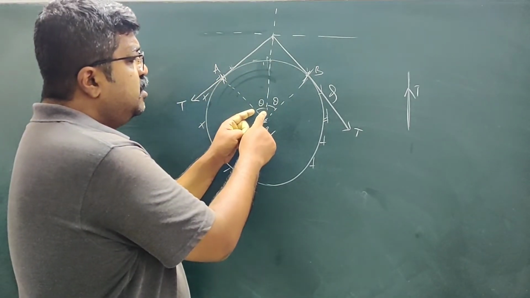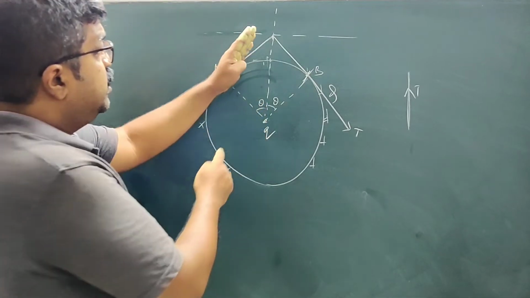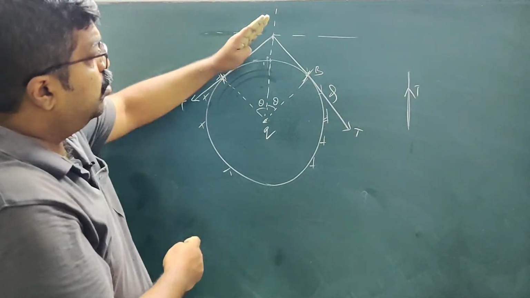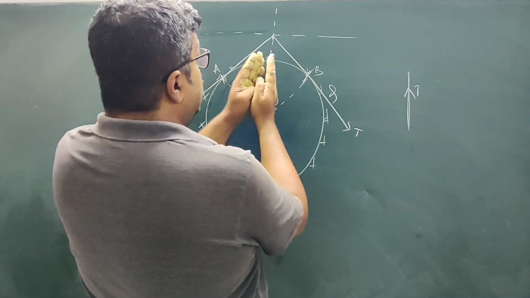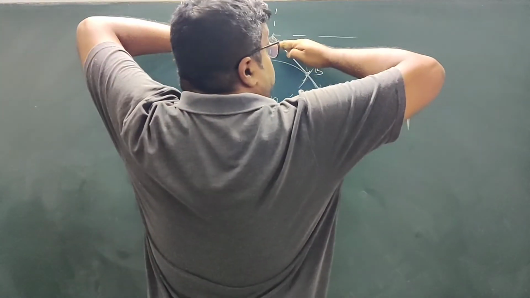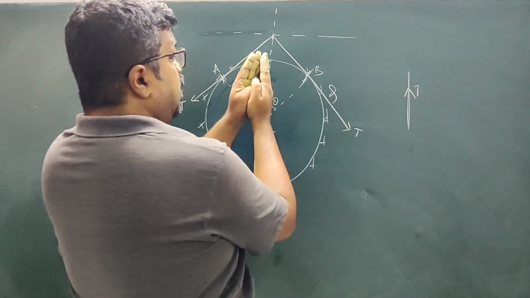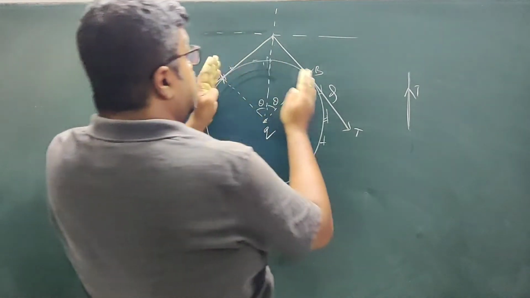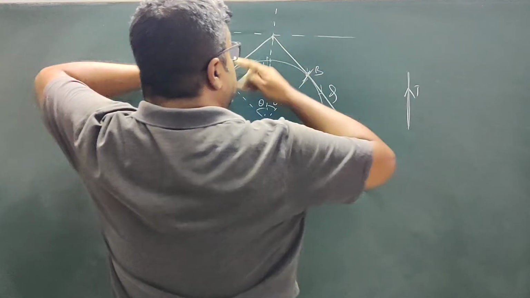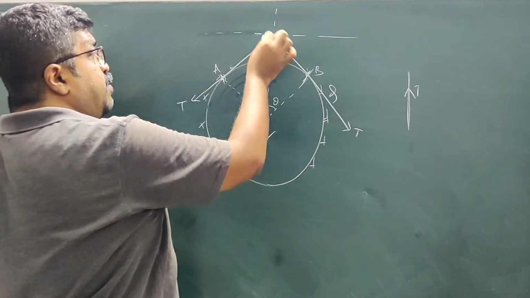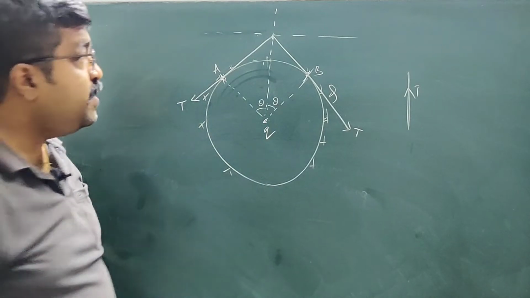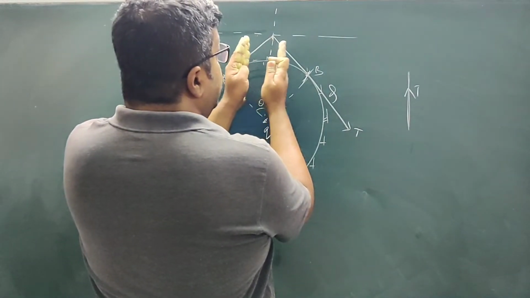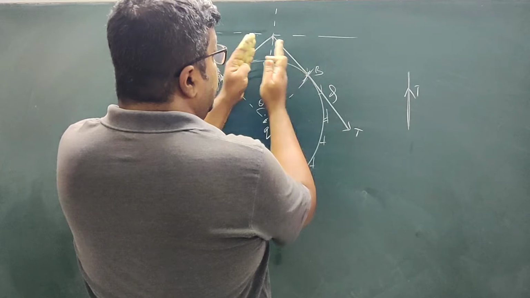If theta approaches 0, this tangent will almost become horizontal. So the angle made by this tangent with the horizontal direction will be 0, and this theta is also 0.